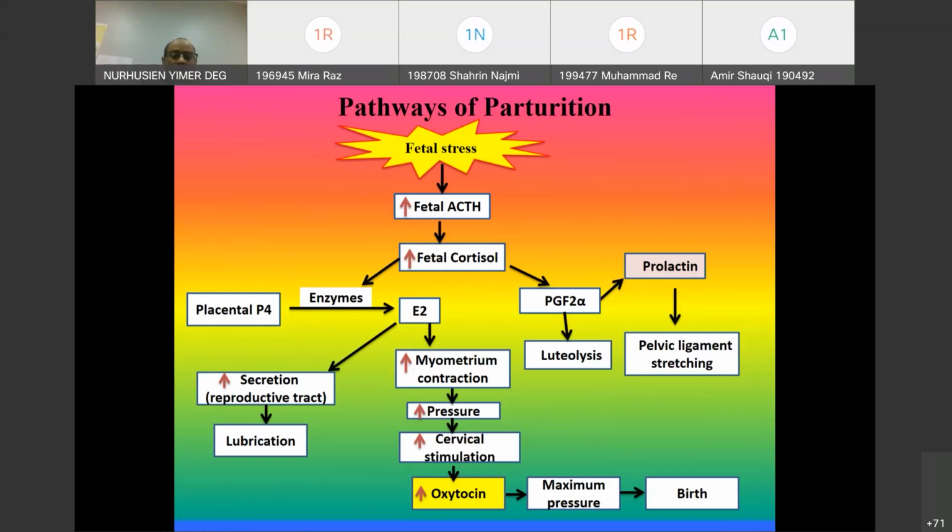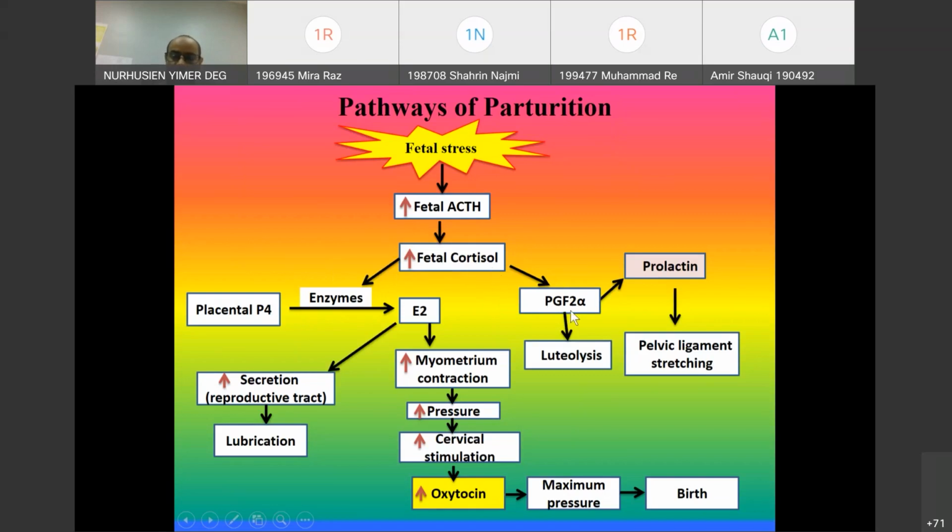When the cortisol level increases, it will induce the release of enzymes, these aromatase enzymes in particular, which are involved in the steroidogenesis process. They will break down the circulating progesterone to be converted to estradiol or estrogen. So this is one of the main effects of the cortisol.